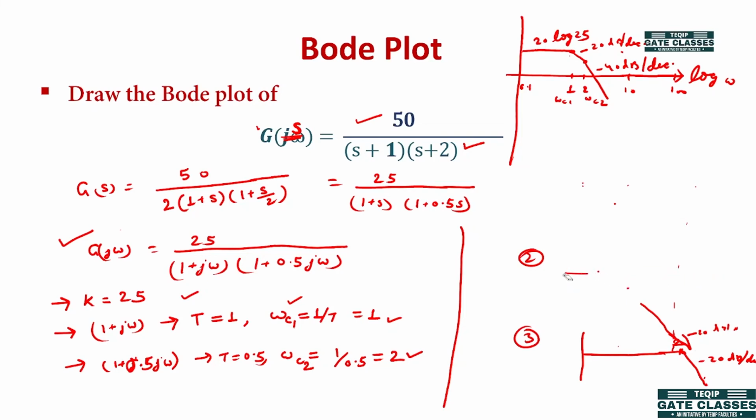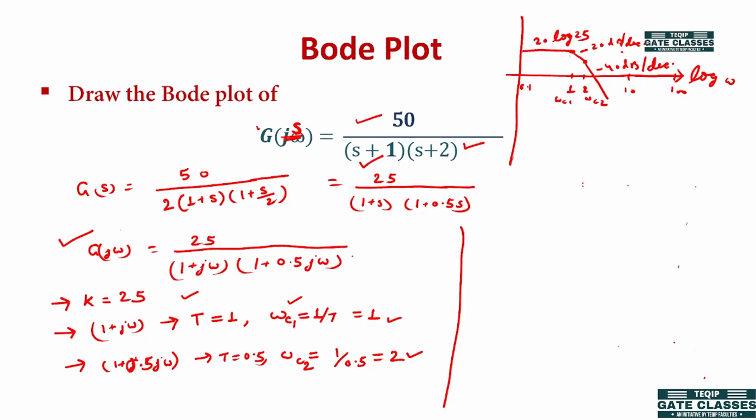So as there are two poles, we have seen already in previous slides, for one first order pole our angle is varying from 0 to minus 90 degrees. Okay, so in this case we have two poles.